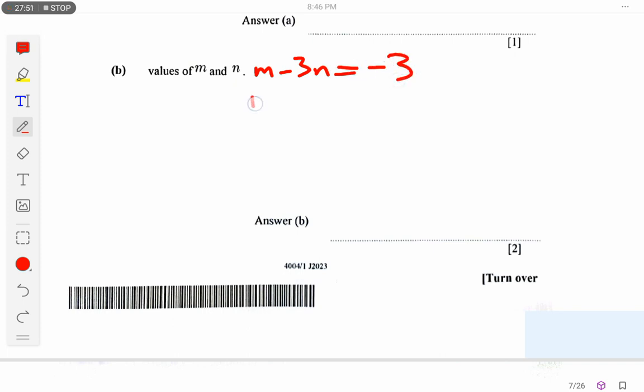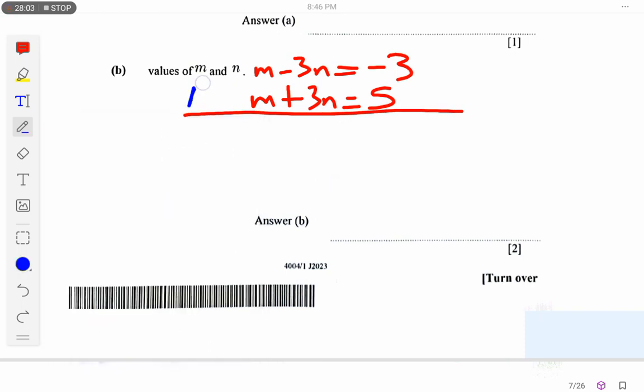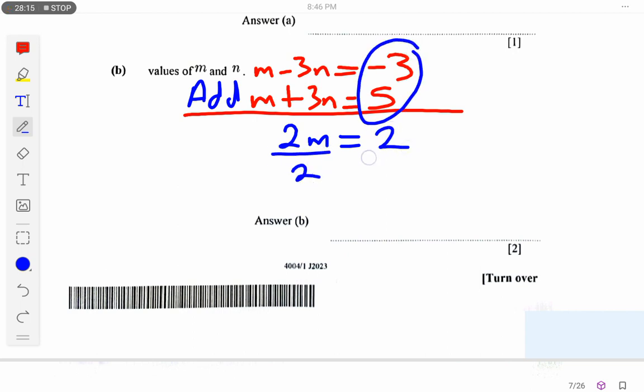Then for the m plus 3n was equal to 5. So for me to solve this, I can eliminate n by adding everything here. If I add, this will give me a 0. So I'll have 2m here is equal to minus 3 plus 5 there, I get a 2. Dividing by 2 here, dividing by 2, you find out my m is equal to 1.